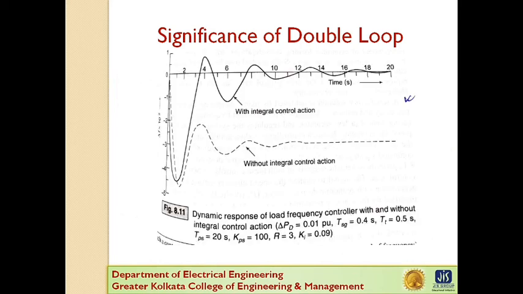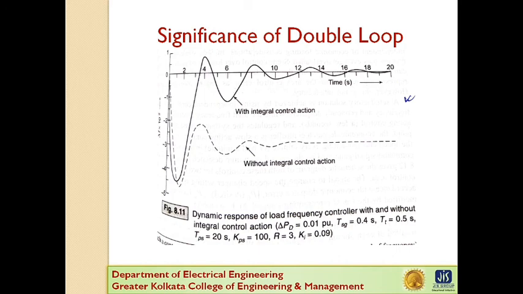Now you can see in this picture, without integral control action the change in frequency is much higher, and with integral control action the change in frequency is equal to 0. This picture shows the dynamic response of the load frequency controller with and without integral control action, where delta PD is 0.01 per unit, TSG is 0.4 second, TT is 0.5 second, TPS is 20 second, KPS 100, R 3 and Ki is equal to 0.09.